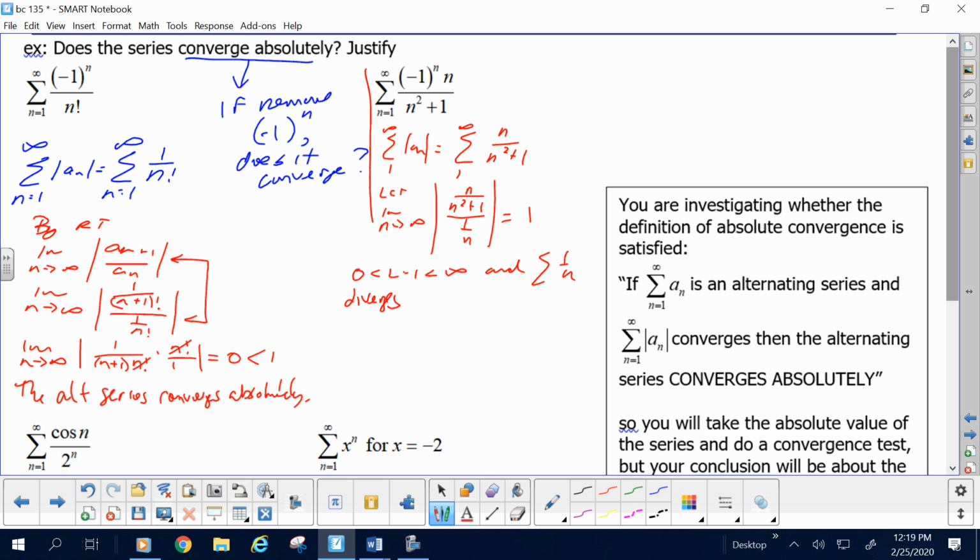Why do you say it diverges? Harmonic. So the positive series diverges. What does that imply for a conclusion? Nothing. Well, it does not converge absolutely. Okay, the alternating series does not converge absolutely.